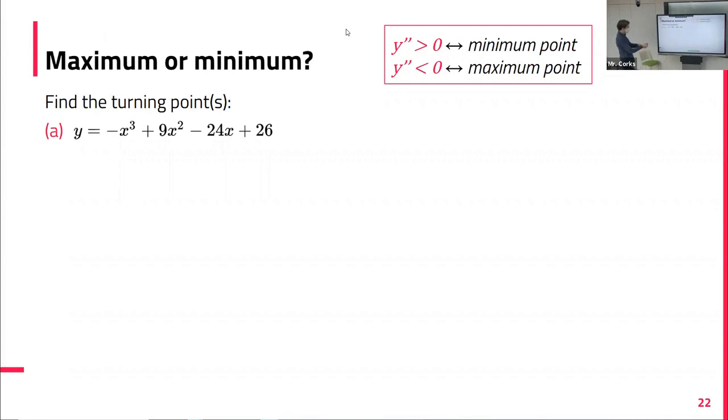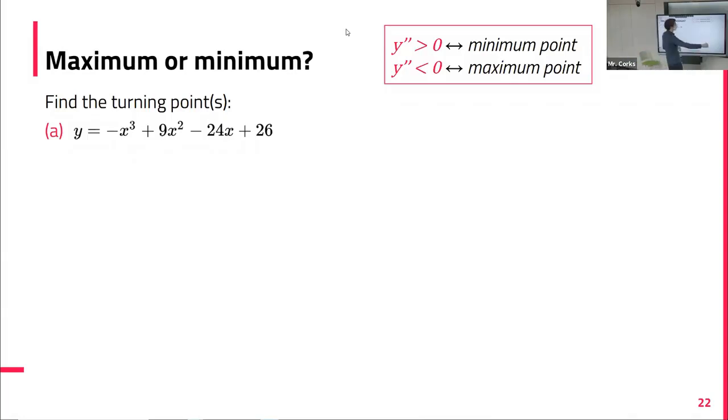If you think you have the answers, you can write them in the chat. You're finished?